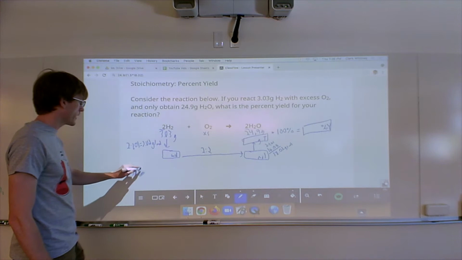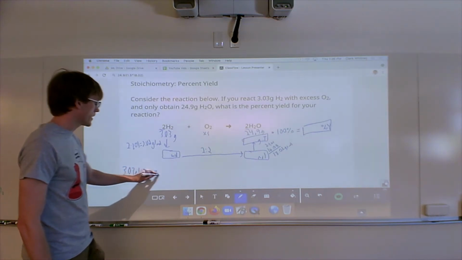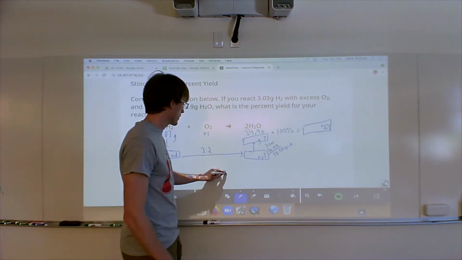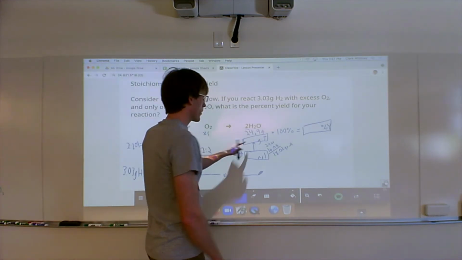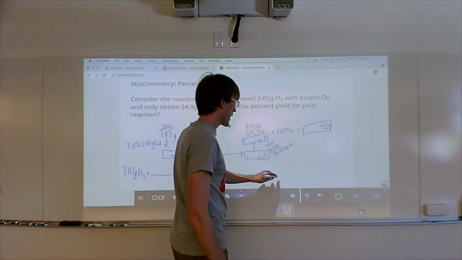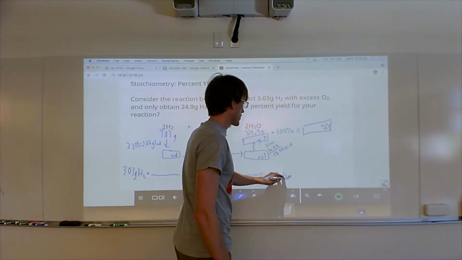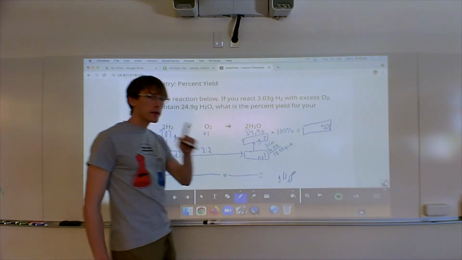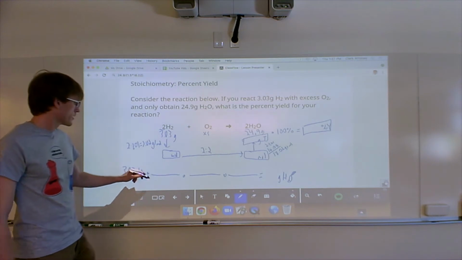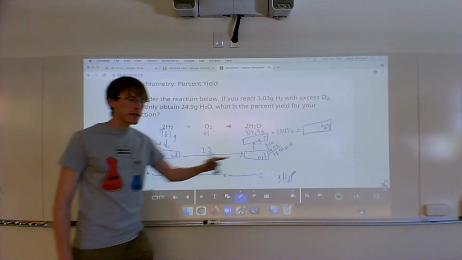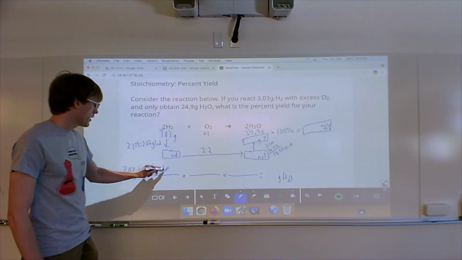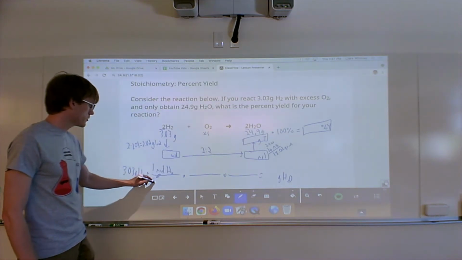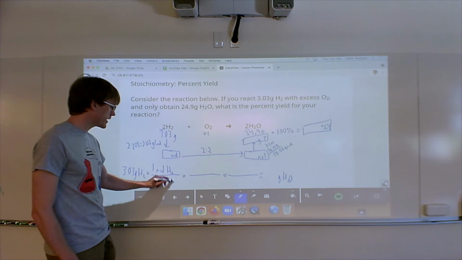3.03 grams of H2 times, I need 3 conversion factors, and I'm ultimately going to get to grams of H2O, and that again is going to be my theoretical yield. So this looks exactly like we've done before. I have times 1 mole H2 over 2.02 grams of H2.